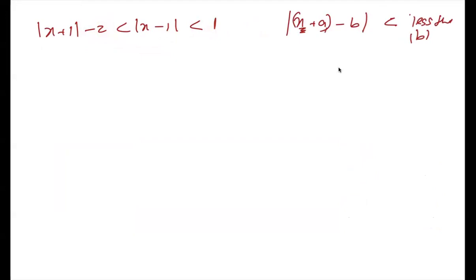Because sometimes you have to get inequalities in both directions. Sometimes you have to get inequalities like the absolute value of x plus a less than something. Sometimes you have to get the absolute value of x plus a greater than something. If you put some value less than b's absolute value here, you can handle both situations.